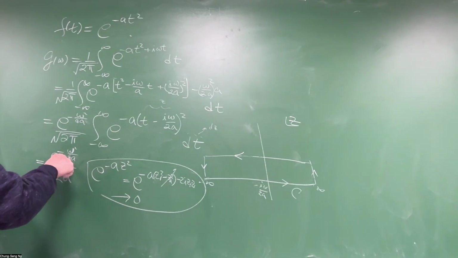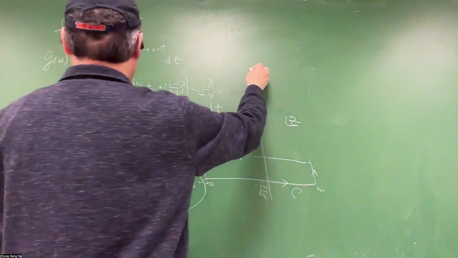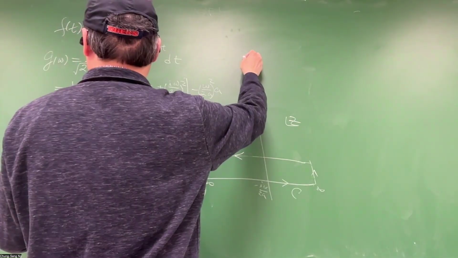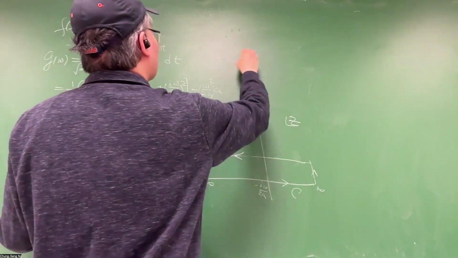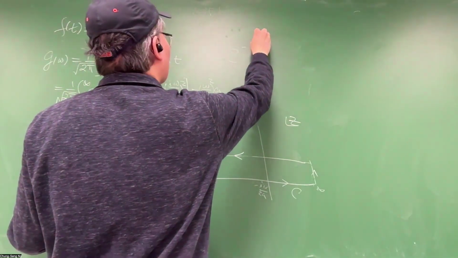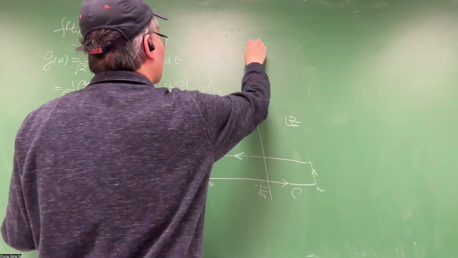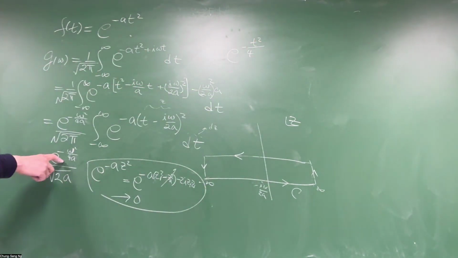So the transform should be e to the minus t squared over 4a, right? Just like that.